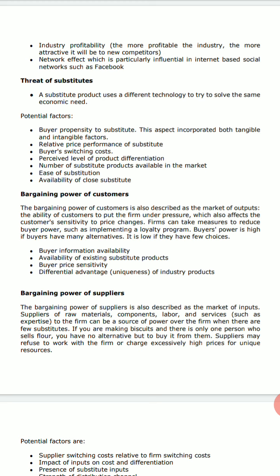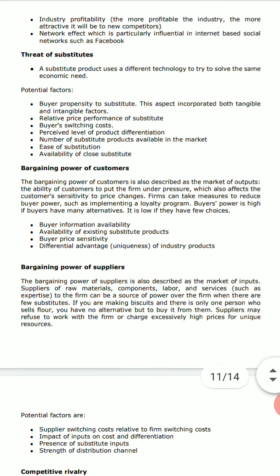Then there is the network effect, which is particularly influential in internet based social networks such as Facebook. When these platforms start revealing the profitability of the firm, there are many threats of new entrants coming to the same industry and creating threats to the existing one, right?